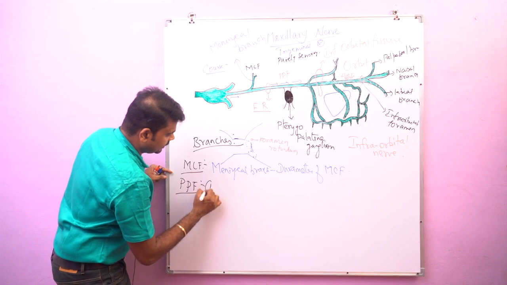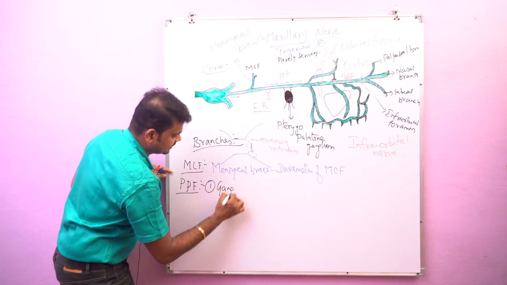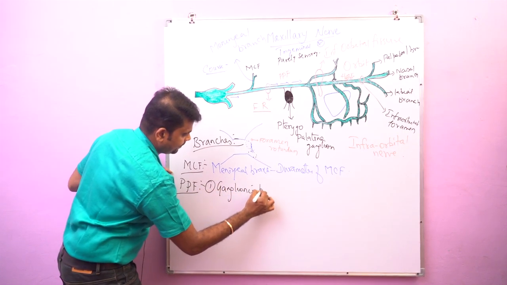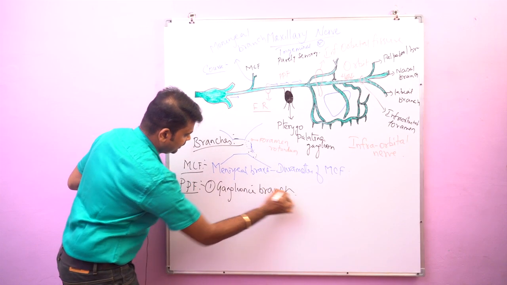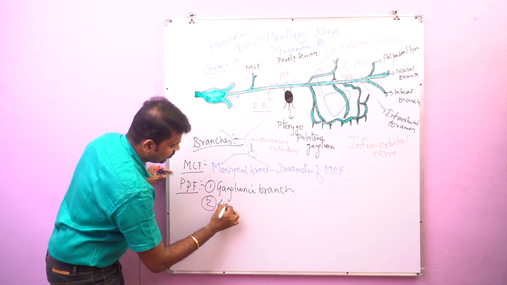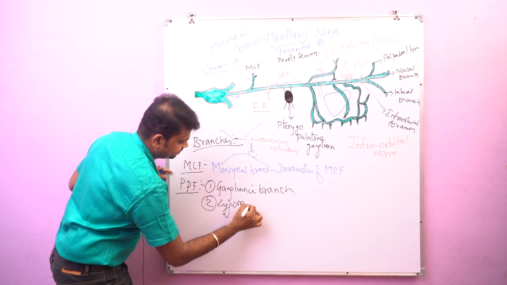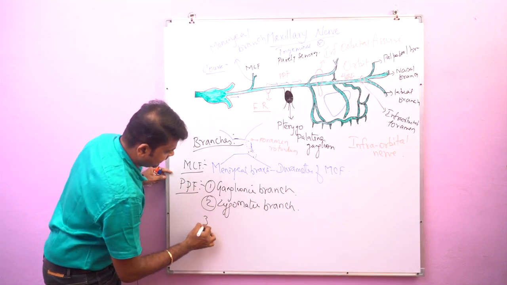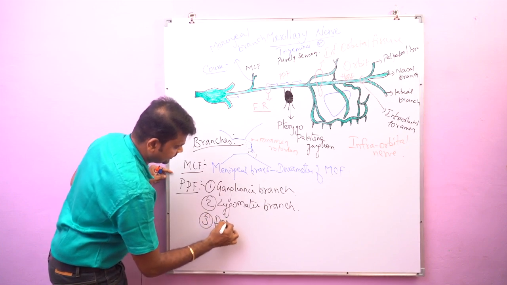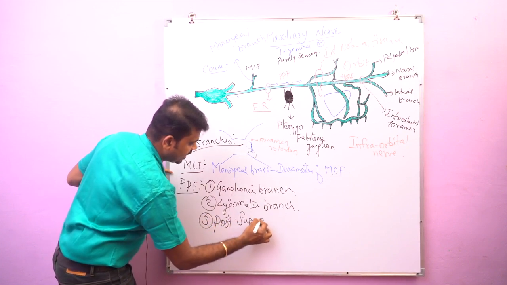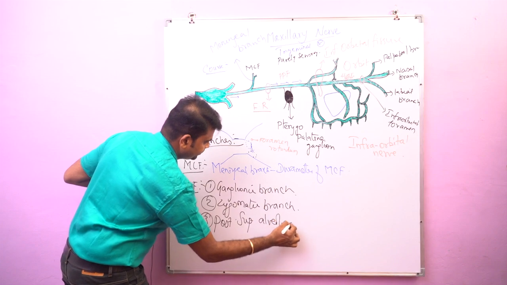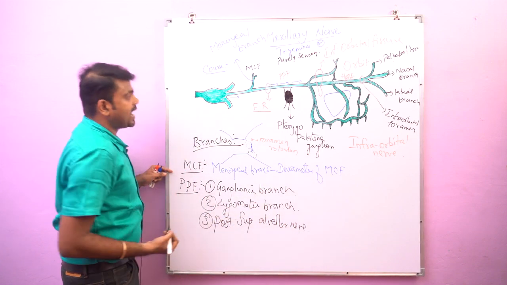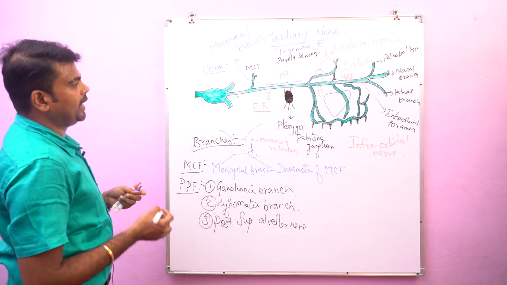Number one, ganglionic branch. Number two, zygomatic branch. Number three, posterior superior alveolar nerve. These are the three branches coming from the pterygopalatine fossa.